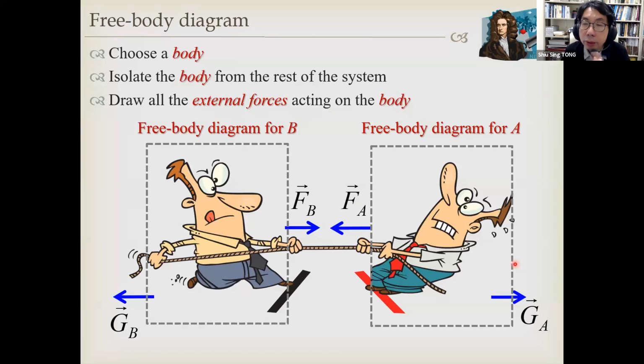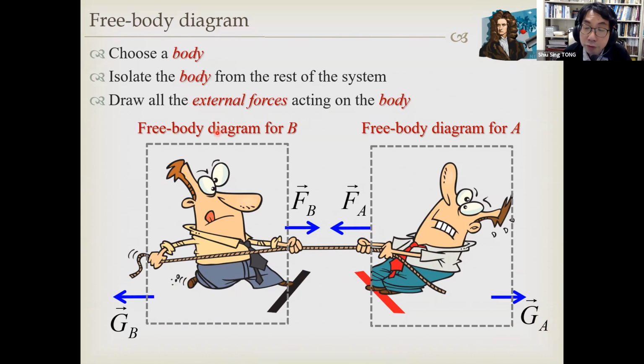So let's return to the case of two persons having a tug of war game. They are pulling each other, connected by a string, and we have discussed the forces acting on these two persons: the tension forces Fa and Fb, and also the frictional forces Ga and Gb.